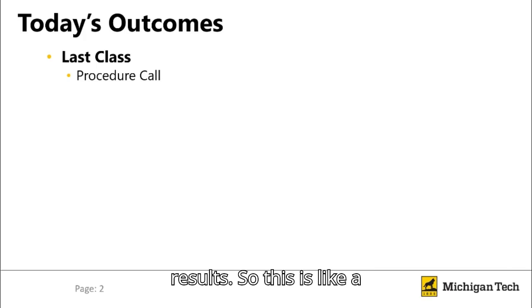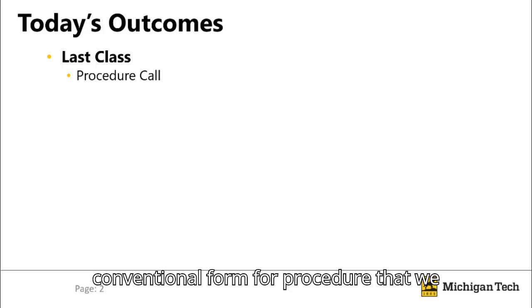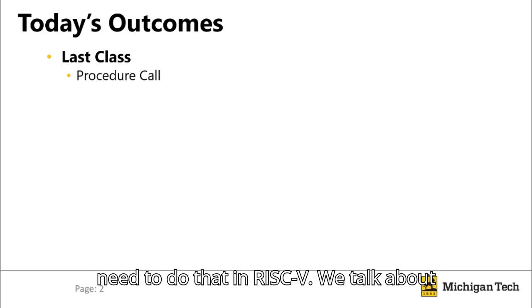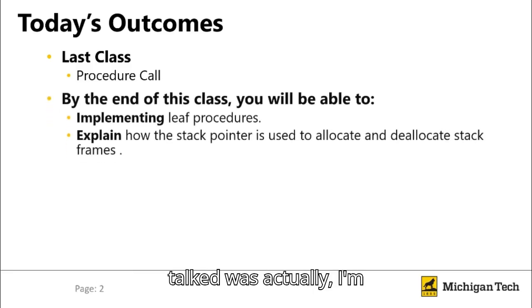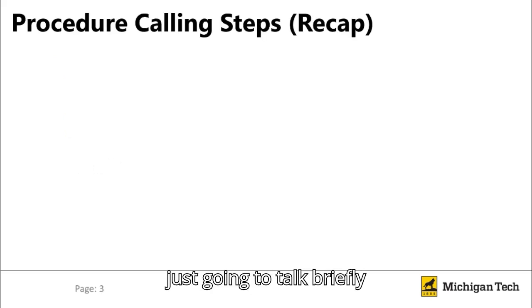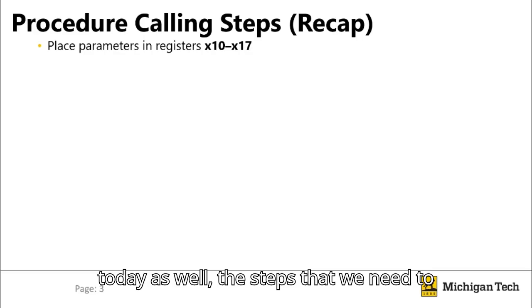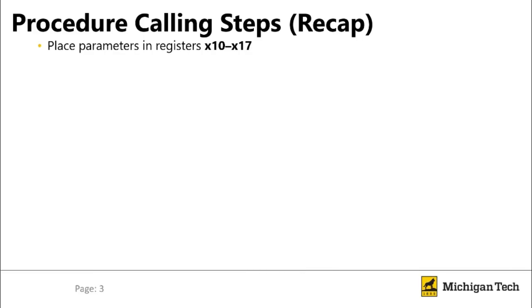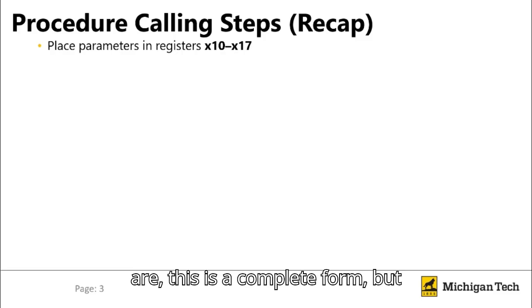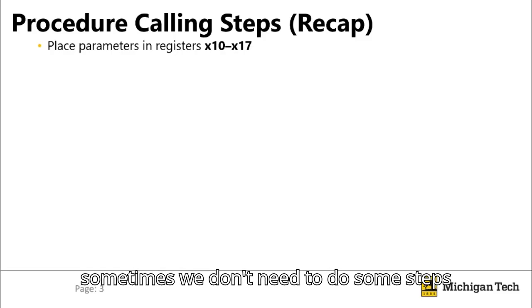So this is like a conventional form for procedures that we need to follow in RISC-V. We talked about this stuff. The last part that we talked about, and I'm just going to talk briefly about it today as well, was the steps that we need to do for a procedure call. This is a complete form, but sometimes you don't need to do some steps.